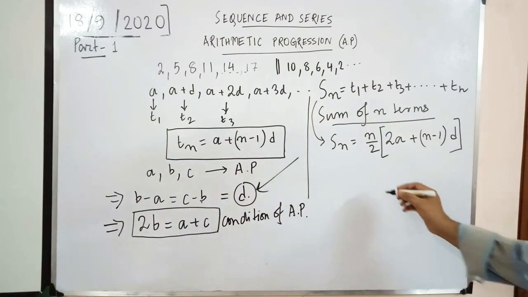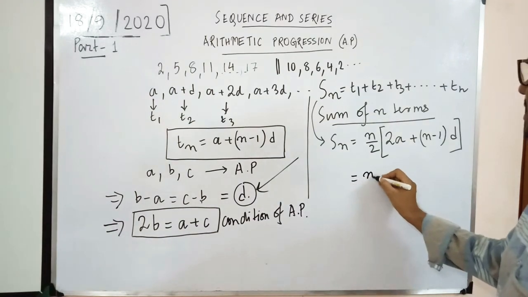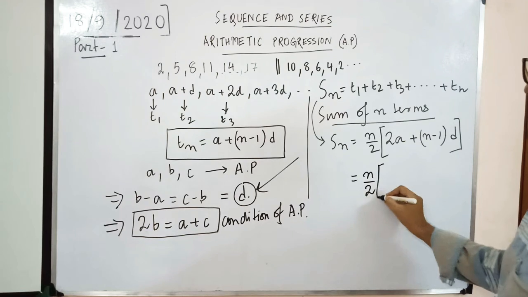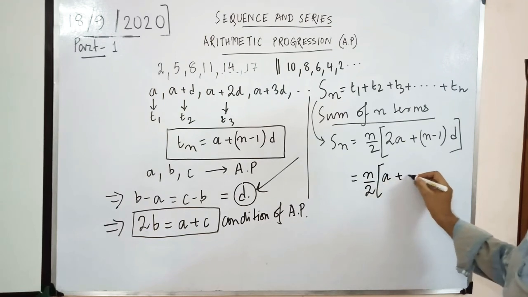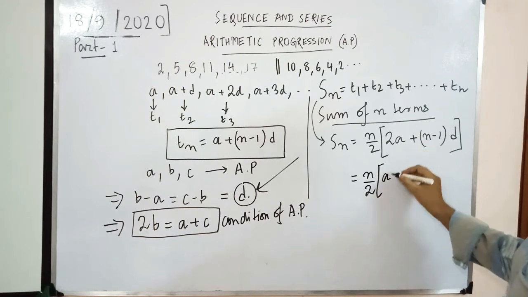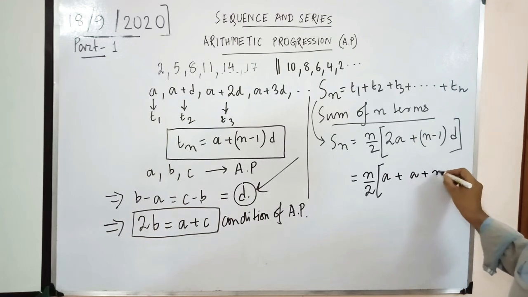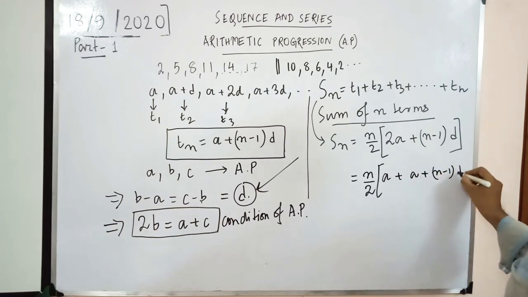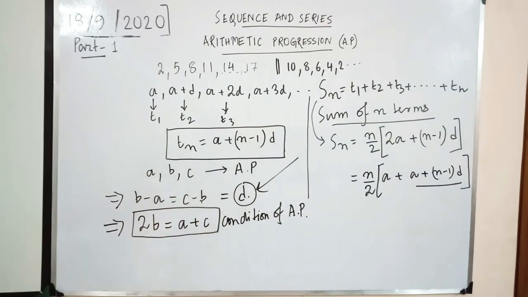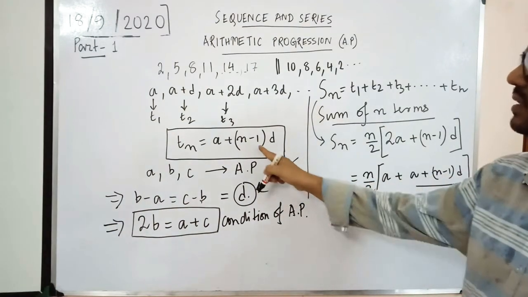Now we can also write this in another way: n by 2 into (a plus (a plus (n minus 1) into d)), where the 2a is broken into a plus a. Then I can substitute: what is a plus (n minus 1) d? This is the last term.